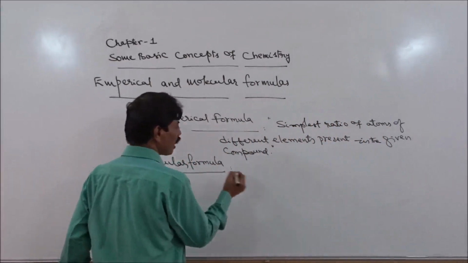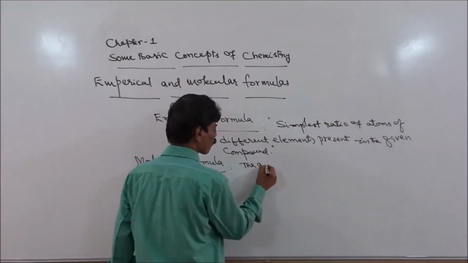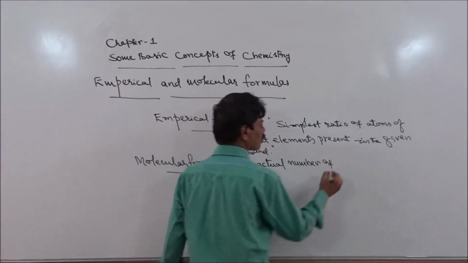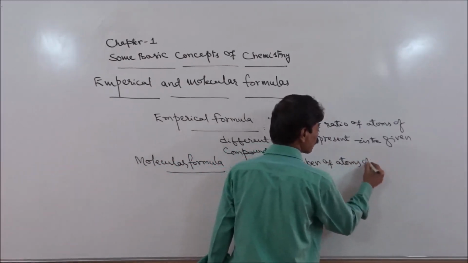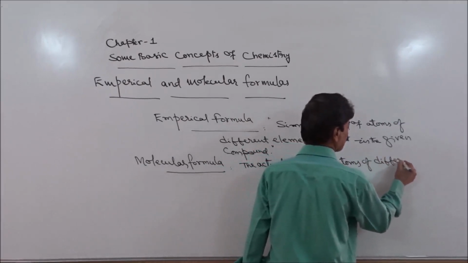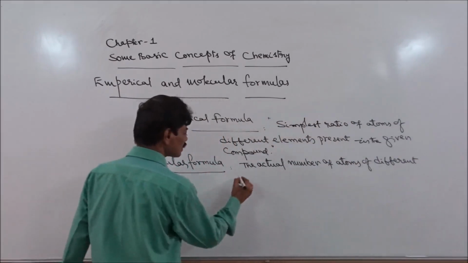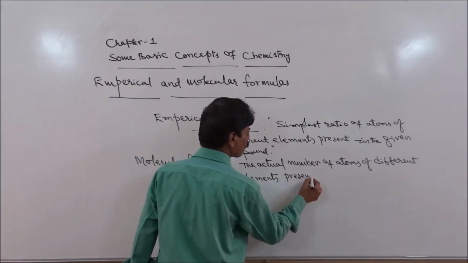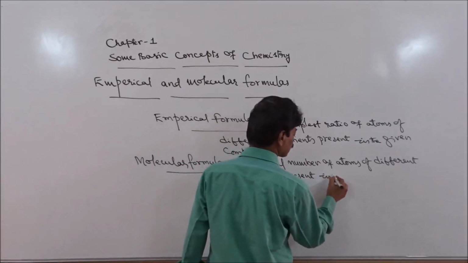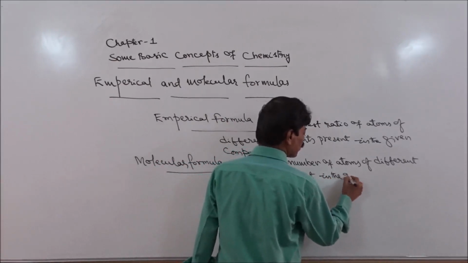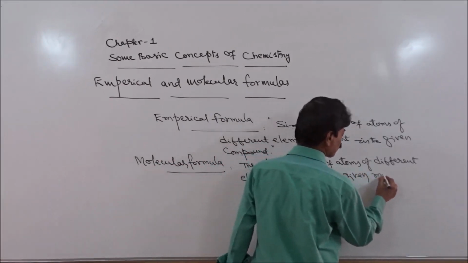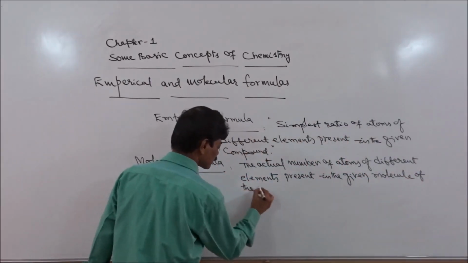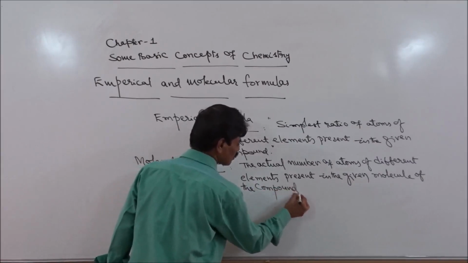So we can write here the actual number of atoms of different elements present in the given molecule of the compound.